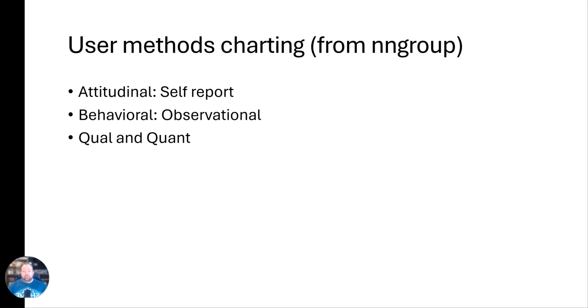Attitudinal methods are typically the ones where we're asking somebody to tell us, so we're getting their attitude and perception of this thing. Behavioral is when we observe them doing it and see if those line up, for example. And then qualitative and quantitative, we've gotten into this a little bit, but we'll explore it more, especially in the measures topic. It gets a little bit messy.